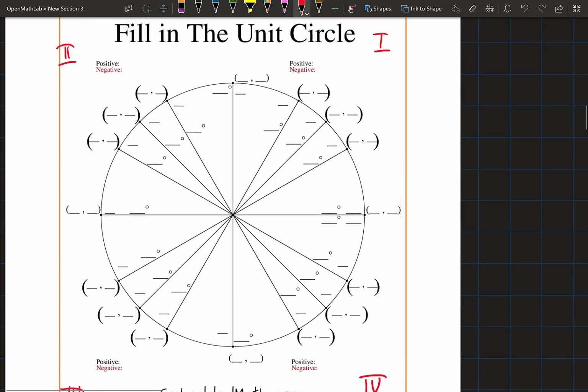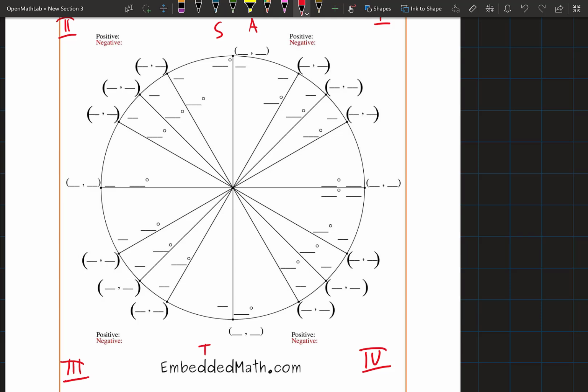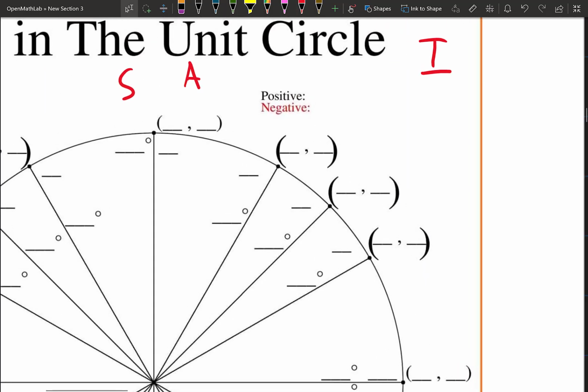And remember, something that helps us with the sign is "all students take calculus." So what's going to be positive in the first quadrant is sine, cosine, tangent, cosecant, secant, and cotangent.